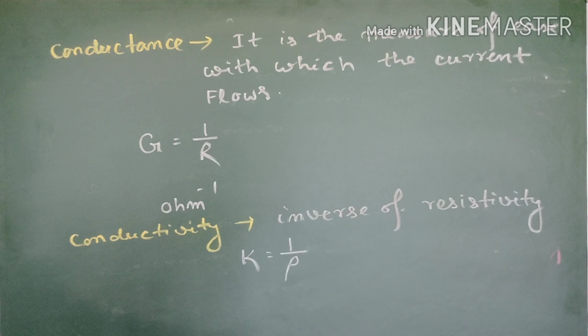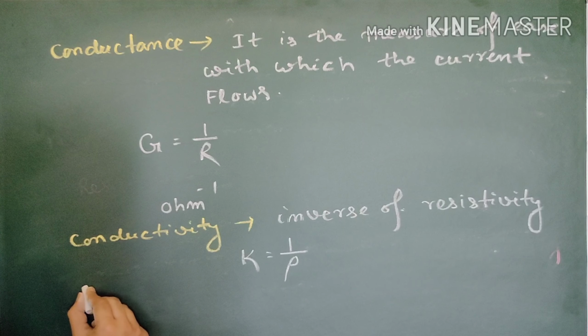Now here, a few things we have to say. It can be defined as the conductance of a solution of 1 centimeter length and having 1 square centimeter as the area of cross section. Because remember, what is resistivity? Resistivity is the resistance of a conductor of 1 centimeter length and 1 centimeter square cross sectional area. So this one is just the opposite.